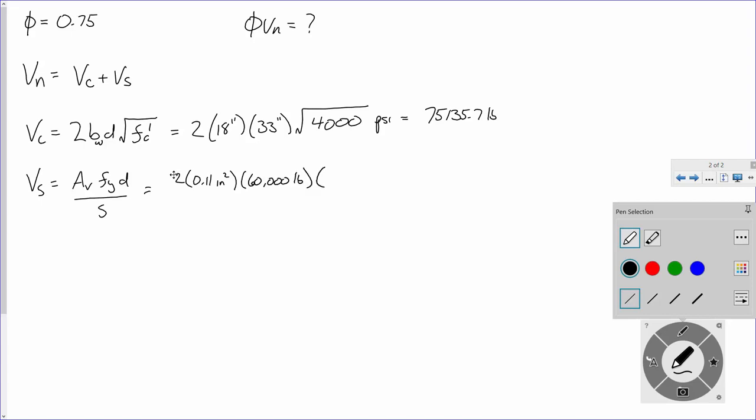The beam depth is what? 33 inches. And s is 12 inches because the stirrups are spaced at 12 inches. Remember, the closer your stirrups are spaced together, the stronger the beam is because it's more steel. All right? Plug and chug, and that gives you about 36,300.